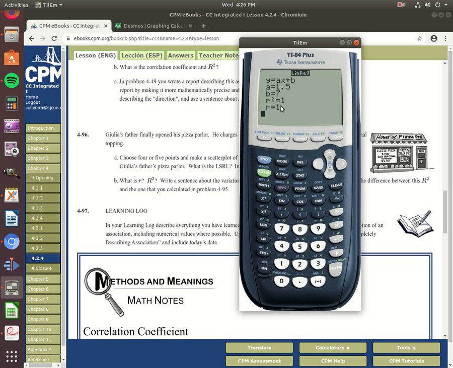My r and r squared are 1, positive association and perfect association. 100% of the price is associated with the number of toppings because that's literally how he chose his menu. If we go ahead and graph this, we will see that that actually is the case and that it hits each point exactly, right? Which is no surprise.